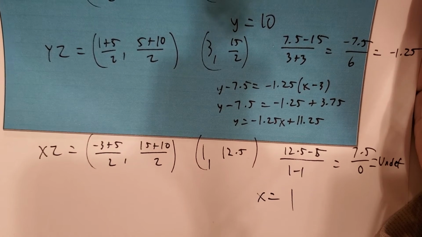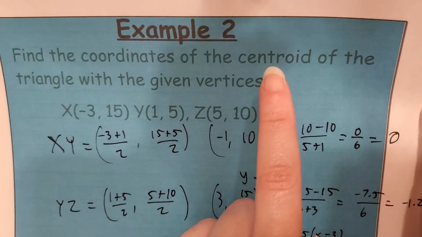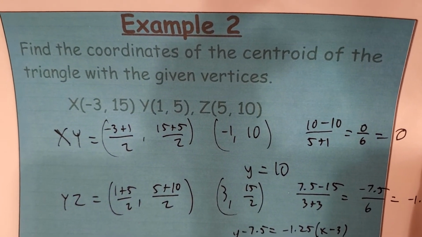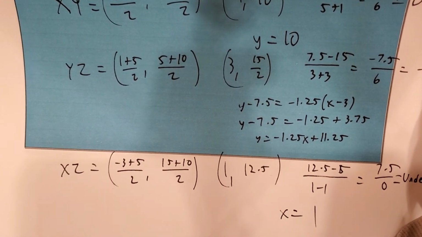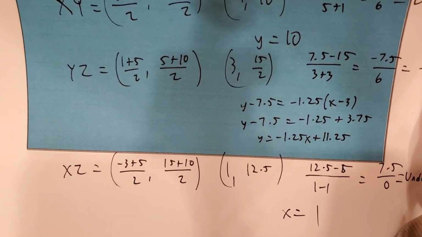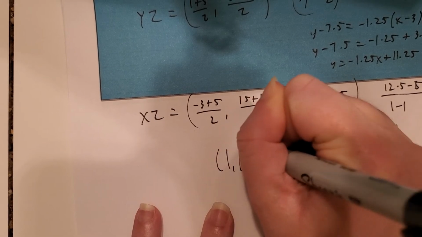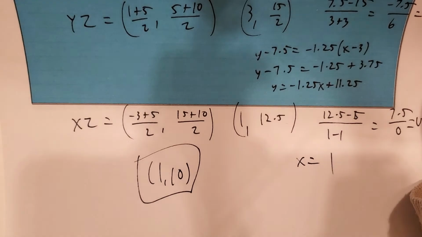But because we have an x and a y, when we're looking for a centroid, we're looking for an ordered pair. So we're looking for an x and a y. Because we have 2 special cases of our equations of lines, one is x, one is y. This is your x value, this is your y value. All right, so it's not even that complicated. Your final answer is actually going to be 1, 10. And that's that whole problem.